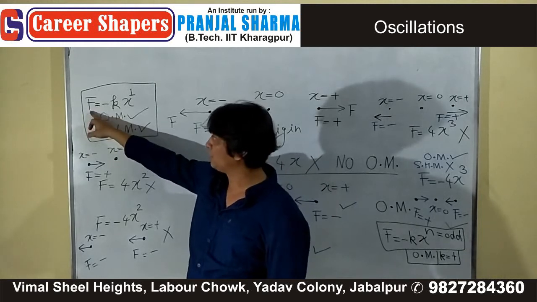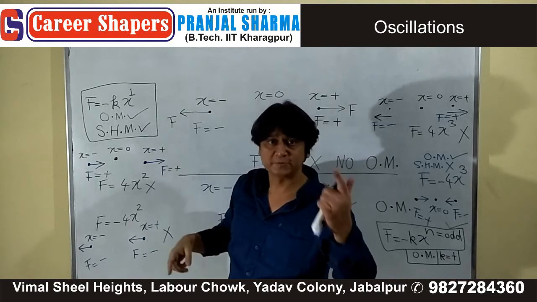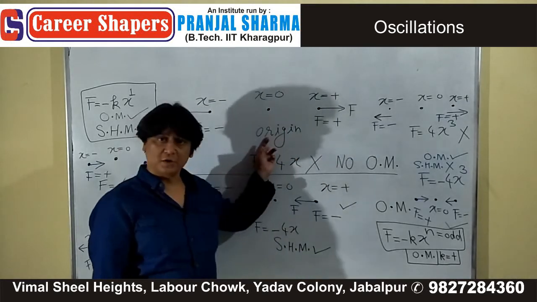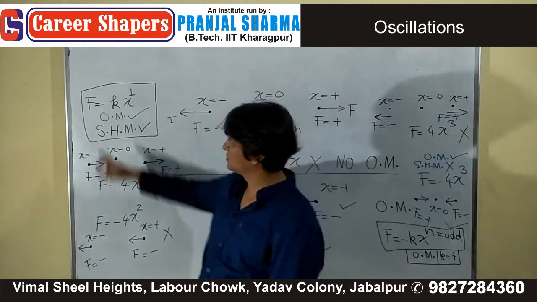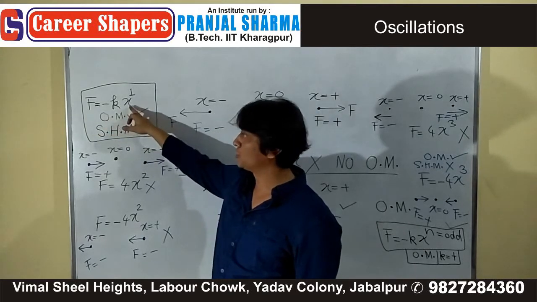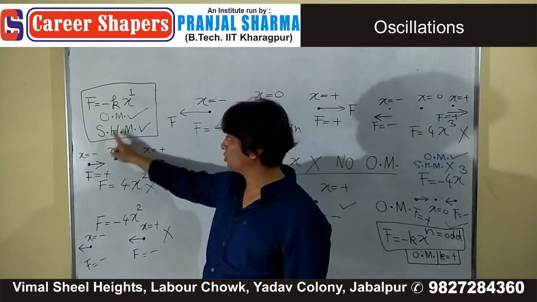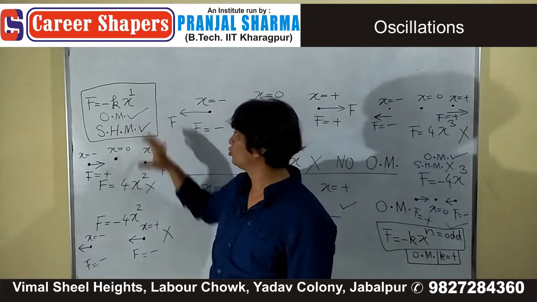If your restoring force is proportional to x, what is x? Displacement from origin, which is called what? Mean position. If your force, which is called restoring force, is directly proportional to x, then that type of oscillatory motion is called simple harmonic motion.